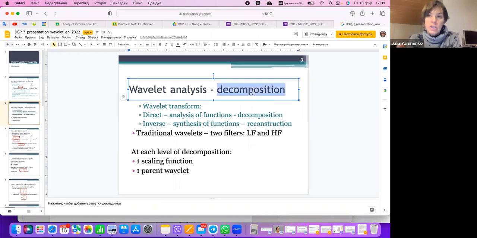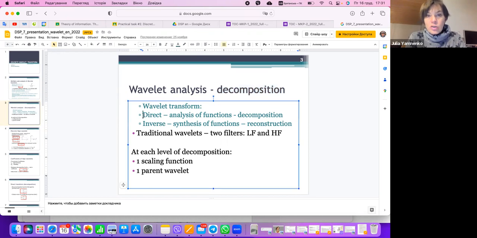It means that we take the original function and decompose it into different components. So it is a direct transform like for Fourier, because Fourier is our golden standard, and we are comparing every method we consider with the golden standard of Fourier.